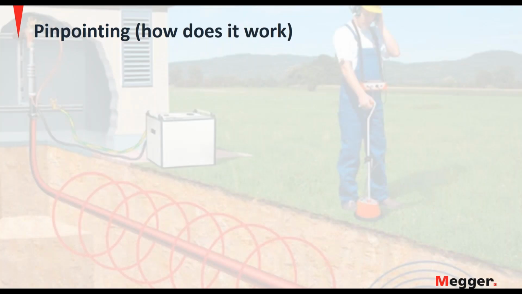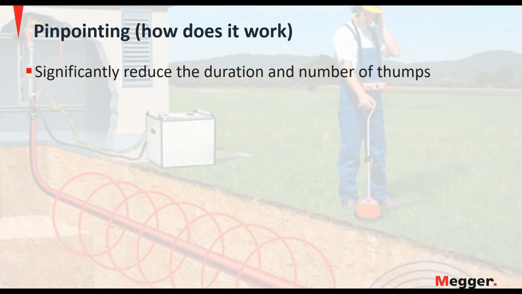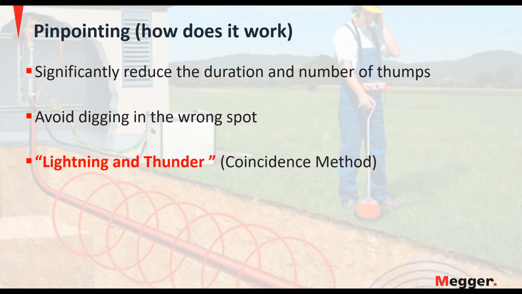So let's talk a little bit about how the digiphone works. It's much more than just a listening device. It's more than an amplified microphone sitting on the ground. So it's going to significantly reduce the duration and number of thumps, and help us avoid digging in the wrong spot. It uses what we call the coincidence method.